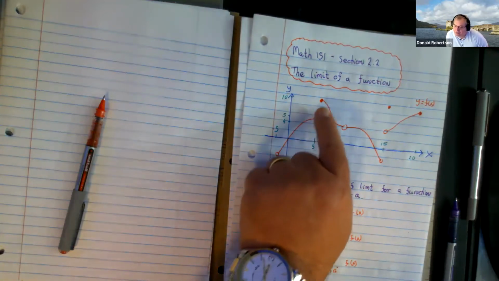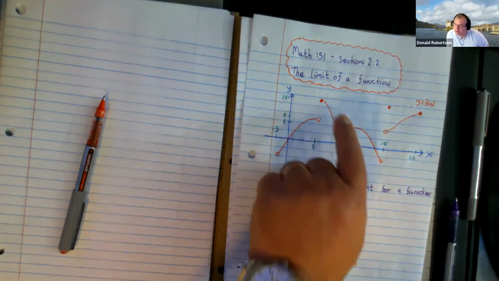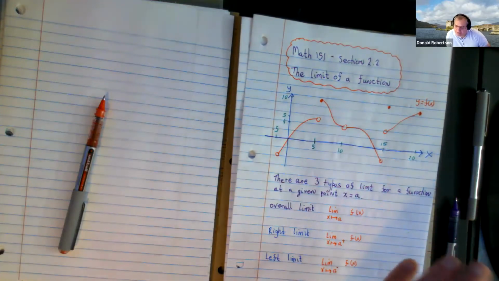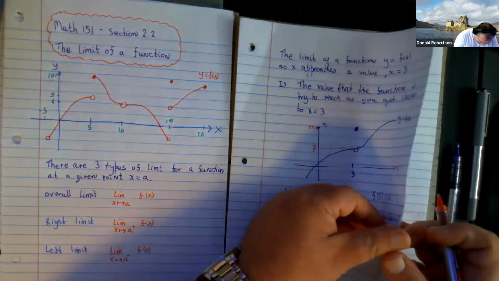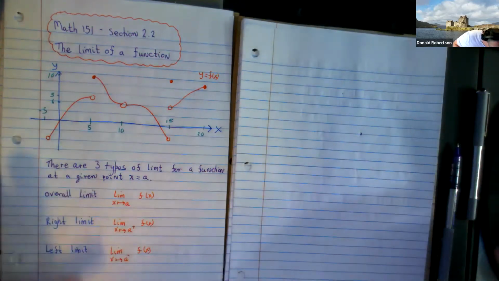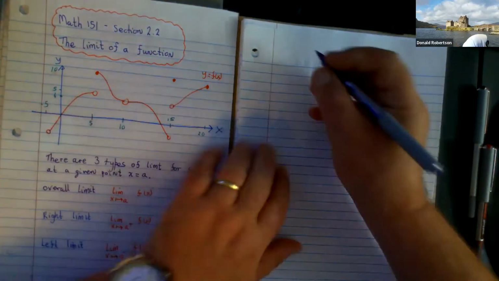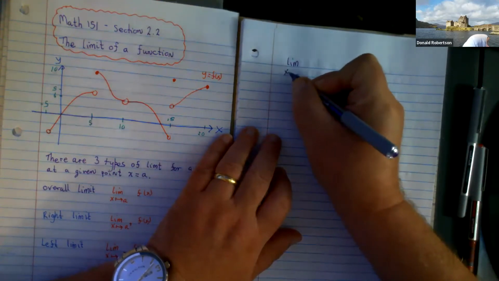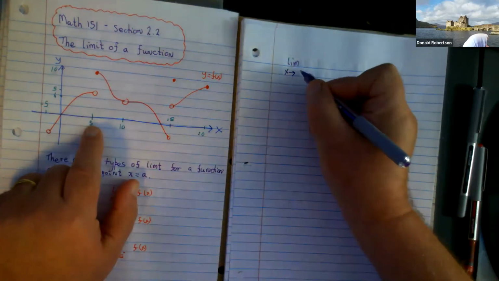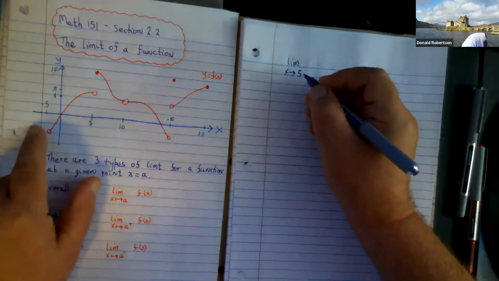We have names for these two particular versions. They're called the right limit and the left limit. Let's suppose I wanted to find the left limit. The left limit would be written down as the limit as x tends to 5, and if you're coming in from the left-hand side, it's called 5 minus.